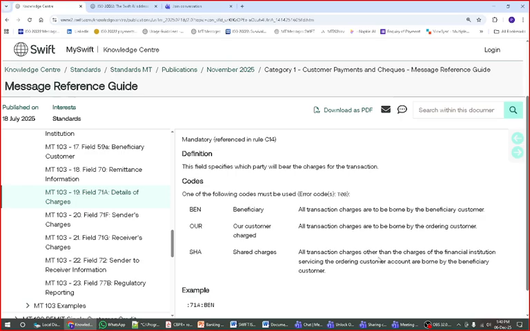All the transaction charges other than the charges of the financial institution servicing the ordering customer account are borne by the beneficiary. So though it is mentioned as shared charges, still it is borne by the beneficiary only. Here, though BEN is special for the beneficiary customer, there is a phrase: all transaction charges other than the charges of the financial institution.